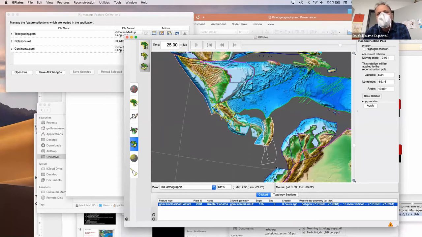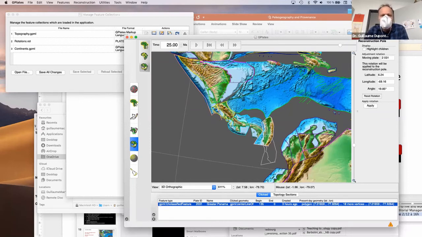Anyway, you see here, so this is at 25, so it should be here. Now we have this straight arc. And so this is 25. So 28, there was still another rotation, a big one actually. And so if you really straighten the arc here, you can have the collision occurring here at 29. I don't have time to move it, but depending on the reconstruction that you do and where you put your blocks, you can have the collision very early or much later if these blocks are just skimming across it.